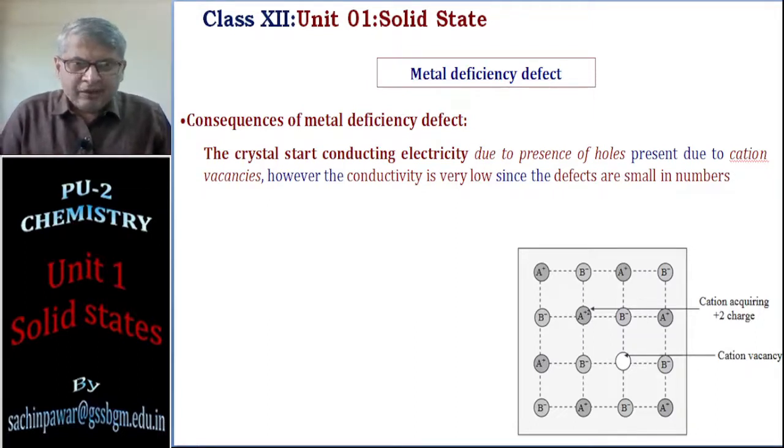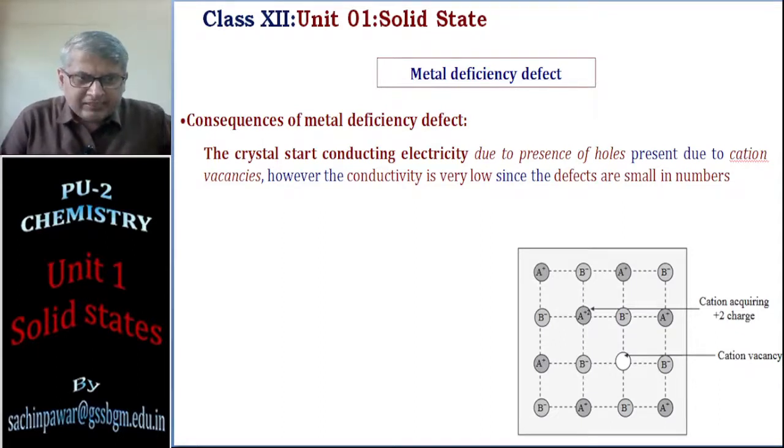Because what happens when you pass electricity or energy to this? Suppose this A plus will absorb energy and start vibrating, and when it is vibrating, it will shift its position from here to here. As a result, this B minus will shift from here to here, and in the process of shifting, the energy absorbed by that ion is passed on from one place to another, and that is why the conductivity is there.